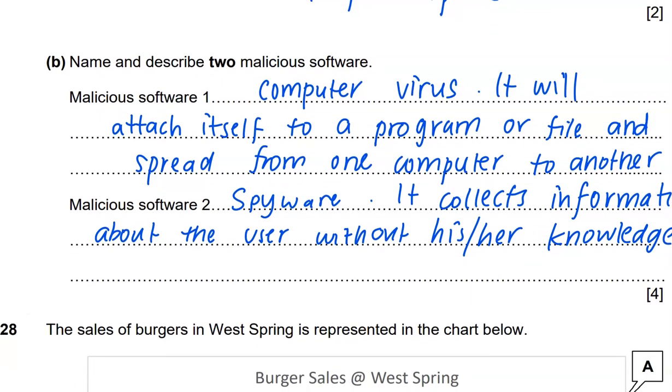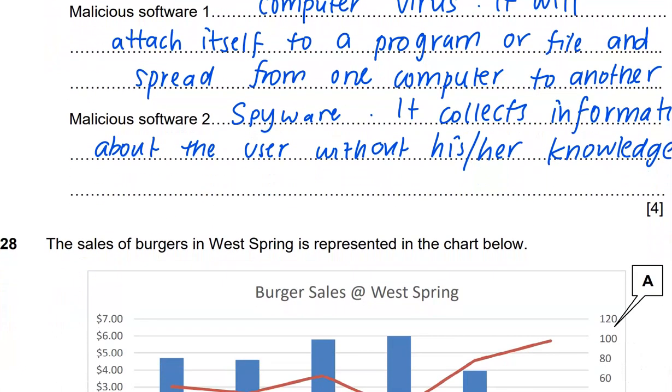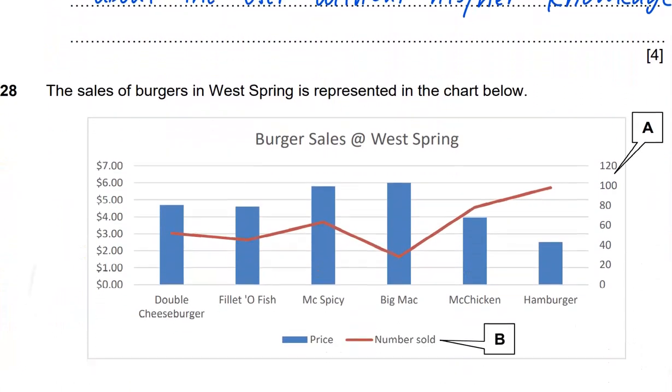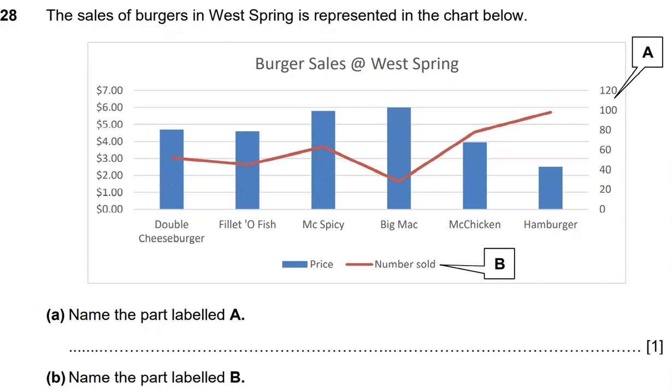Okay, so number 28, the sales of burgers in West Spring is represented in the chart below. Okay, name the part labeled A. This is the secondary vertical axis.